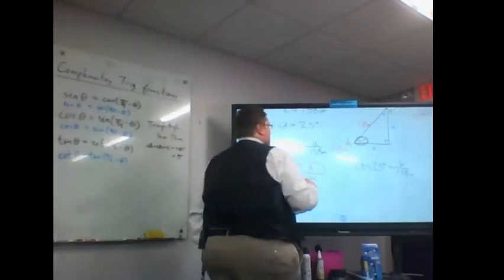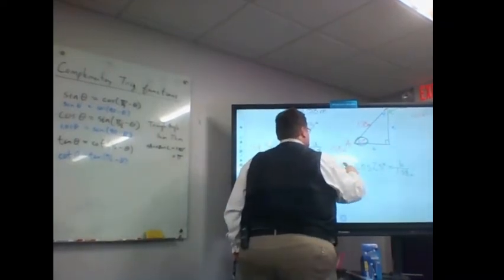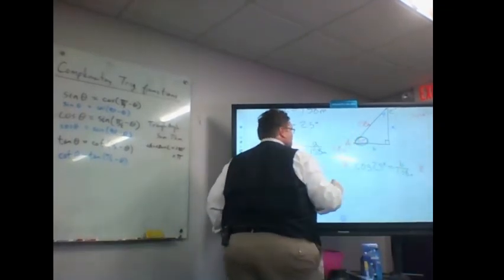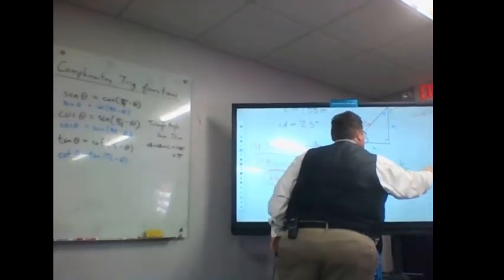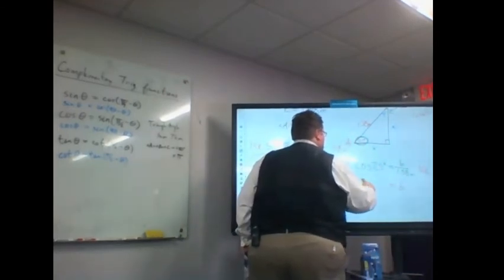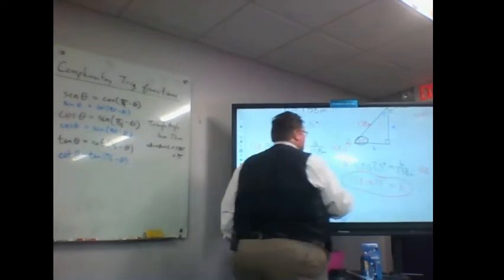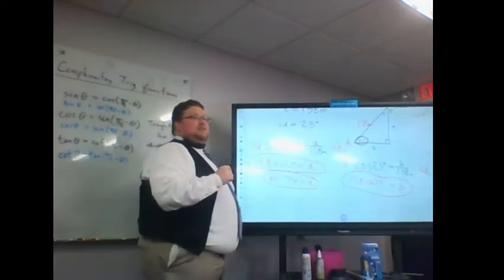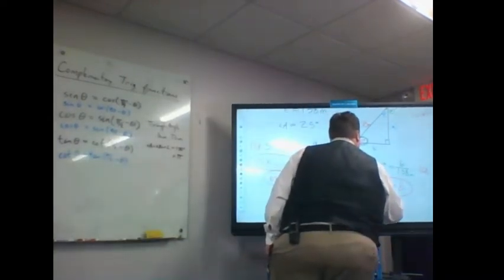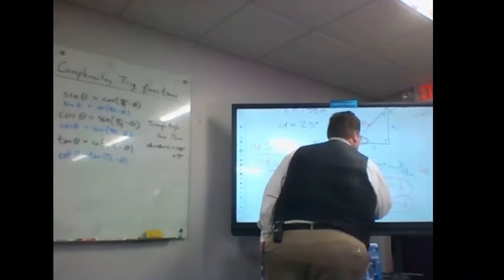To get B by itself, I'm multiplying both sides by 158. So if I don't have a calculator, B is equal to 158 cosine of 25. If I do have a calculator, I would convert that into decimal form: 143.197. Beautiful.